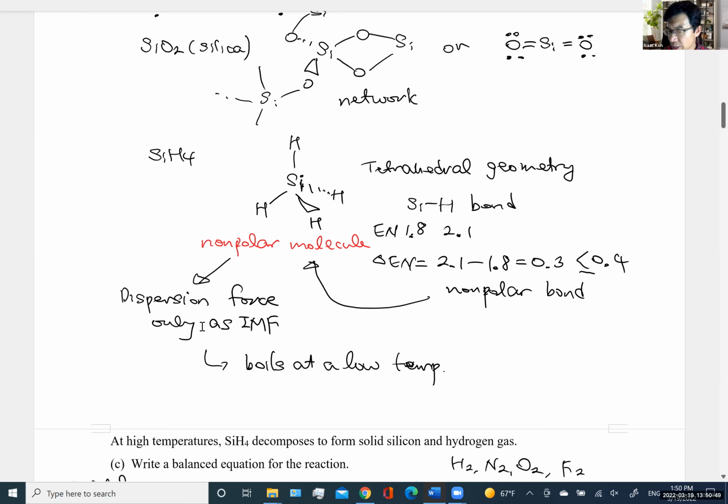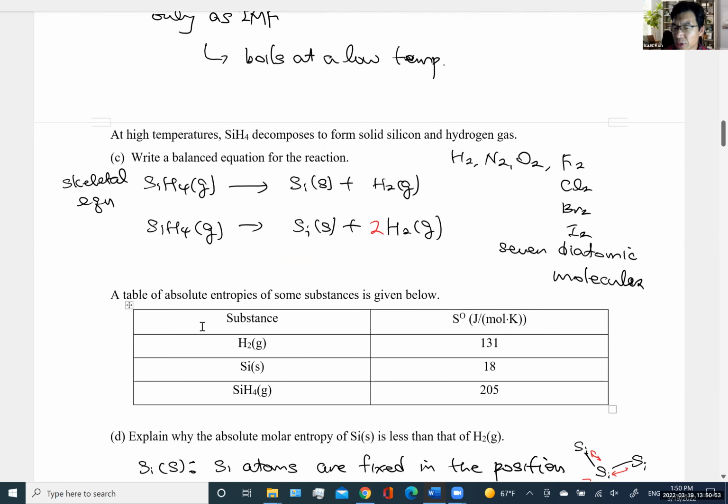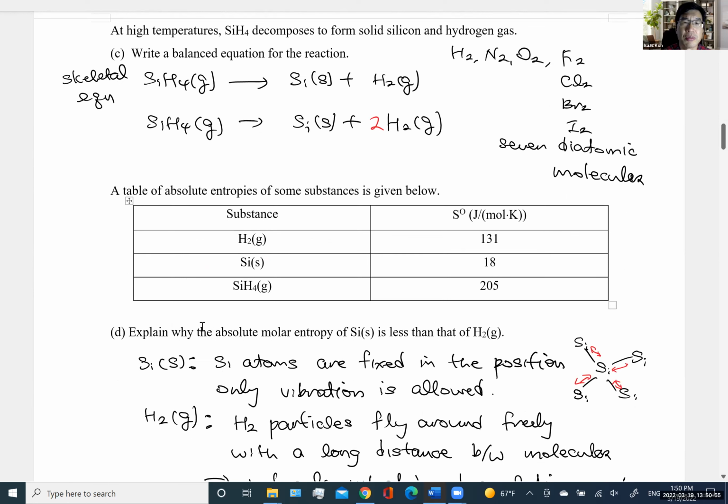Now let's look at the next problem. At high temperatures, silicon tetrahydride decomposes to form solid silicon and hydrogen gas. Here, I want to draw your attention to the hydrogen gas.